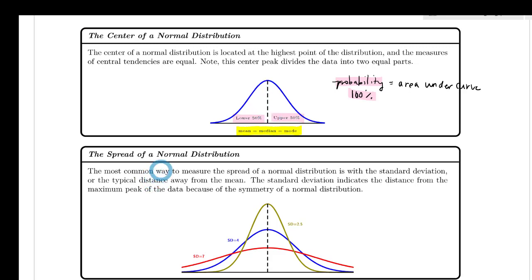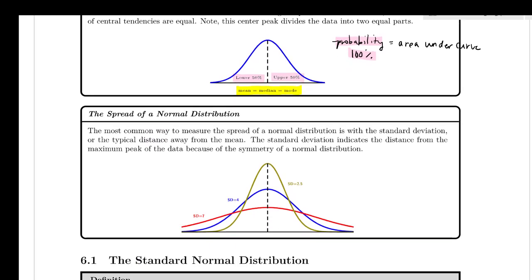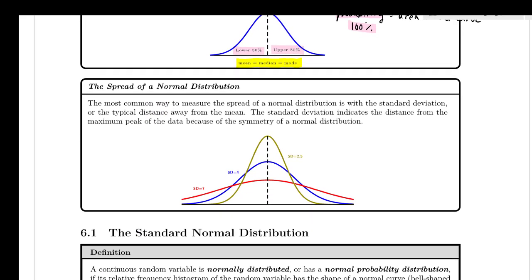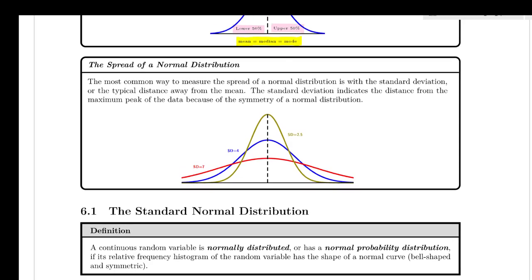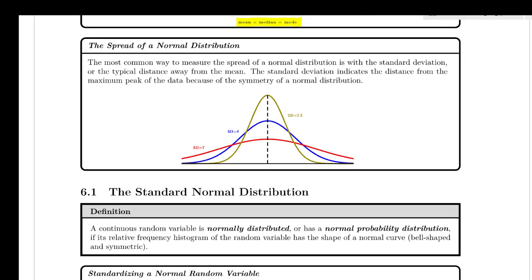So let's go to the spread of the distribution. Now the spread in the distribution is going to be interesting for us, especially right now in our lives, and the reason why you're listening to me over a video rather than in person. We want to talk about the spread of the distribution.